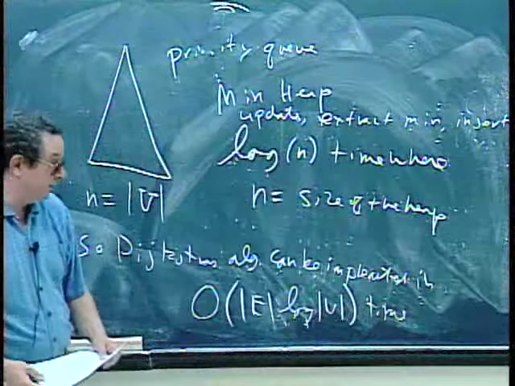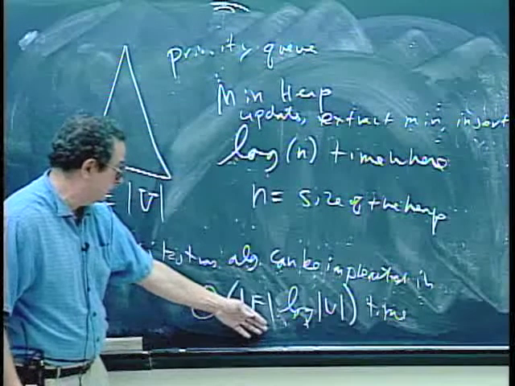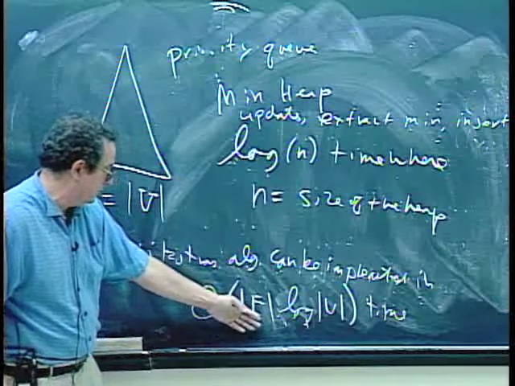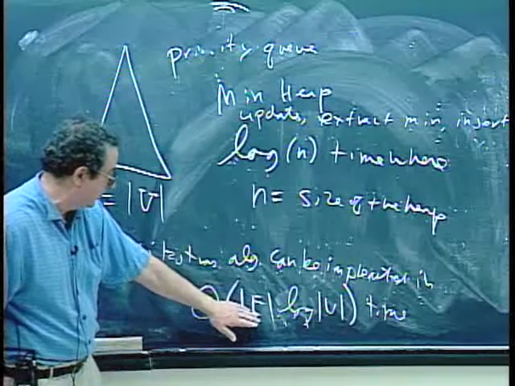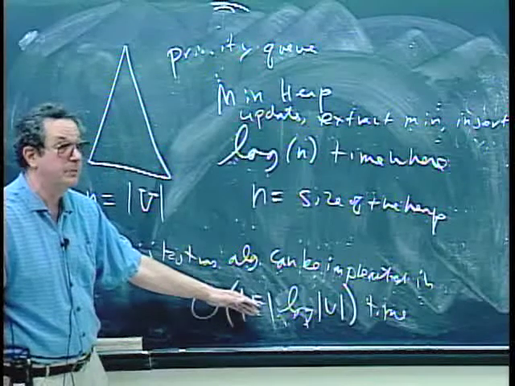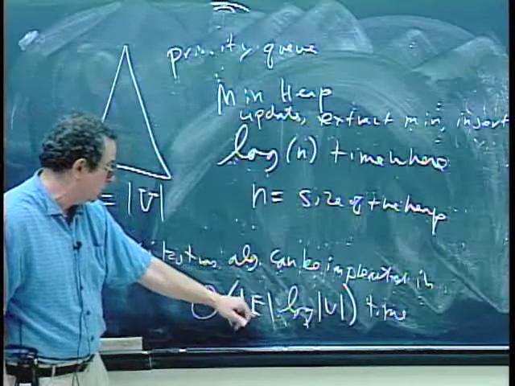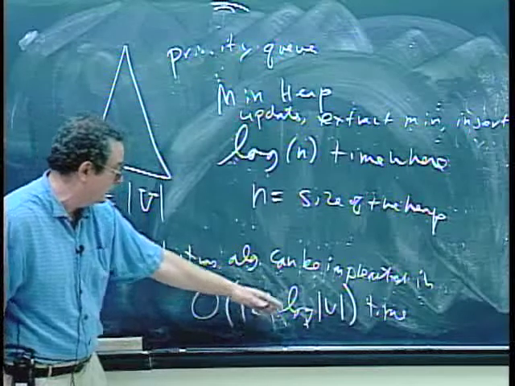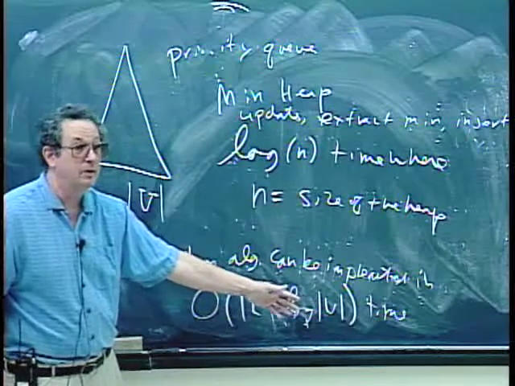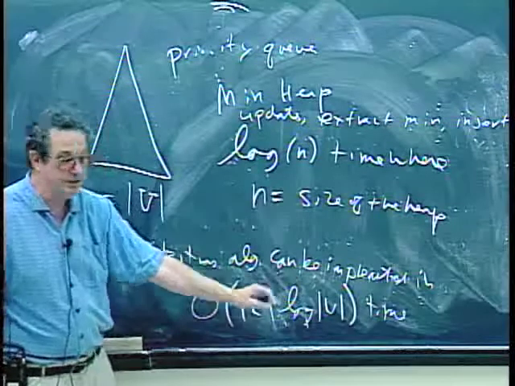And that's it for the time analysis, and this is relatively efficient. The number of edges E is generally small compared to the number that it could be. There could be as many as V squared, but generally not. Graphs are typically sparse, and then log of V is a fairly small multiplier. So a fairly efficient algorithm.